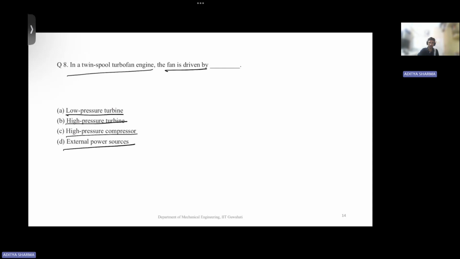These turbines drive your compressors and your fan also. In your turbofan engine, your fan is driven by two options, A or B. Out of this, A option is correct. So the fan is driven by a low pressure turbine.